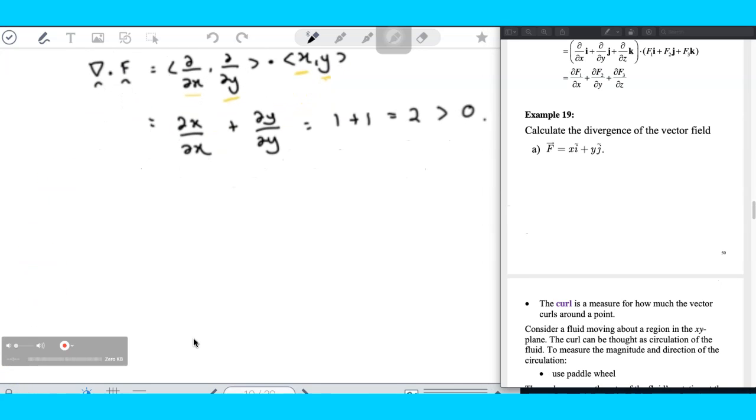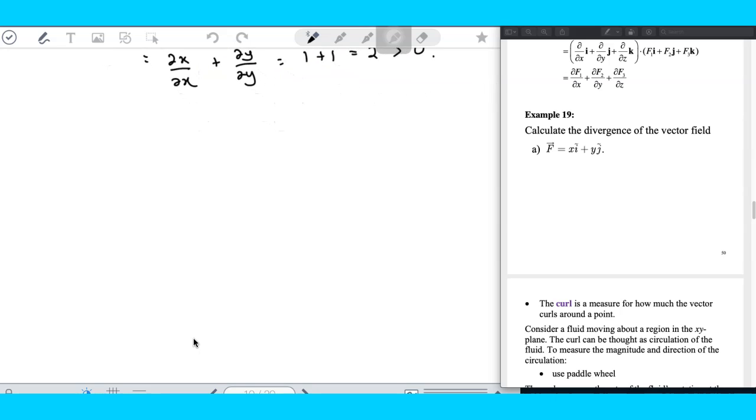Okay, let's say I give you another example regarding the divergence. Let's say example 19a.